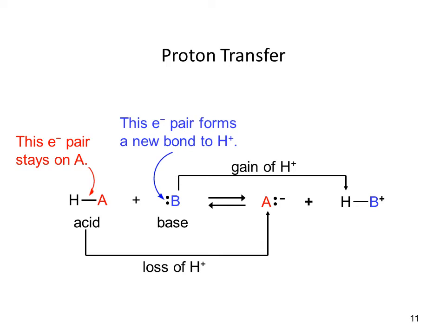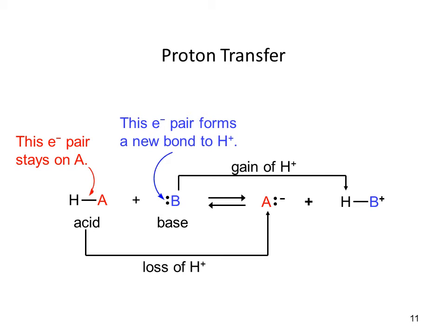Likewise, how is it that the base now has a positive charge? When that hydrogen went over to the base, those lone pairs reached out and formed a bond with the hydrogen. You had two electrons that formerly were only on that base, and now half the time those electrons are on hydrogen. That leaves a positive charge on the base.